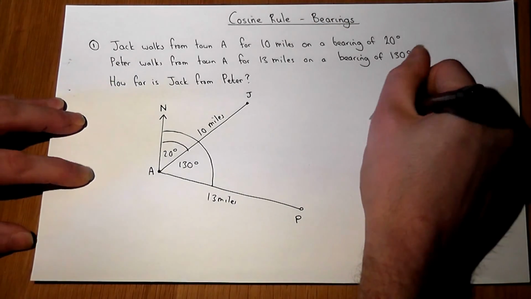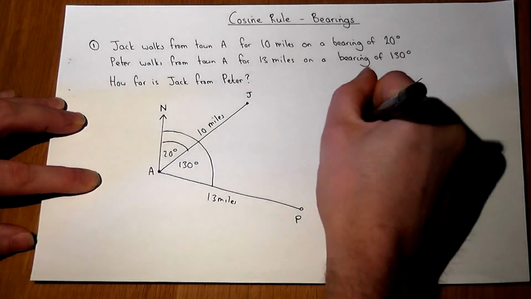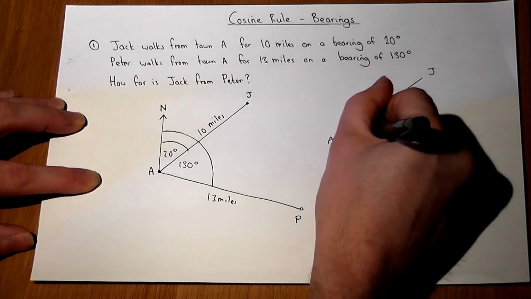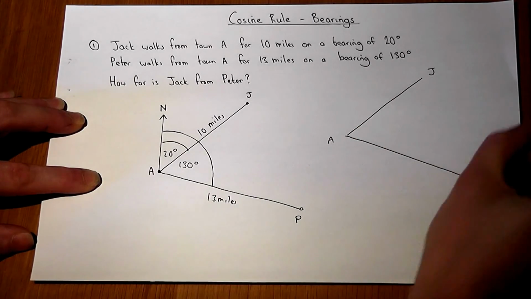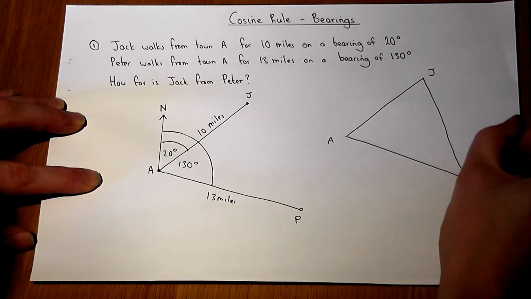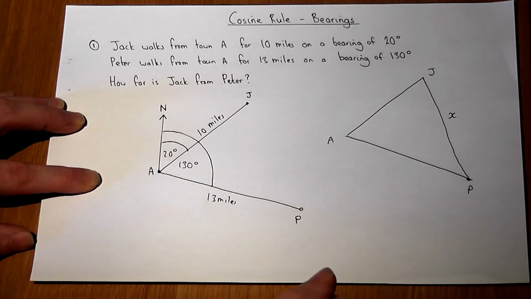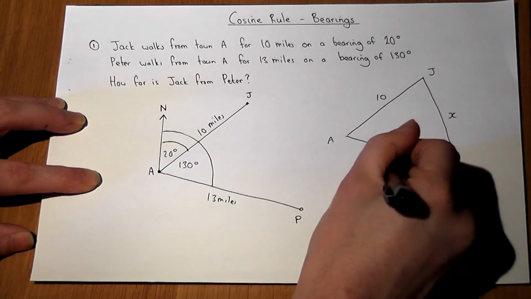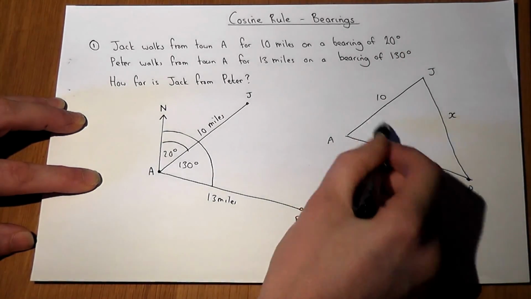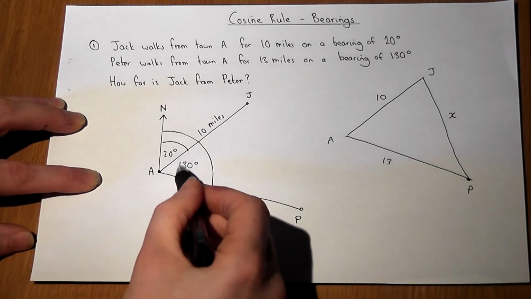Now if I redraw this as a triangle, so A to J, A to P, and then again on your sketch, my question is what is this value here? That's 10 miles, that's 13. Now this angle here is the difference between these two angles.